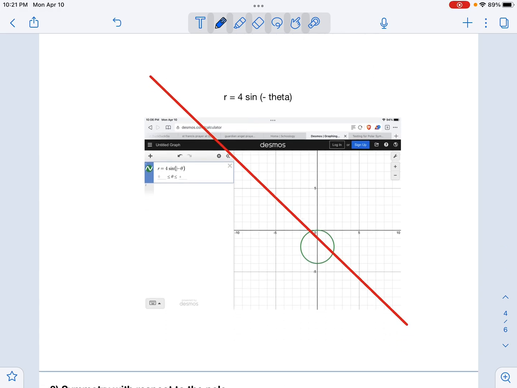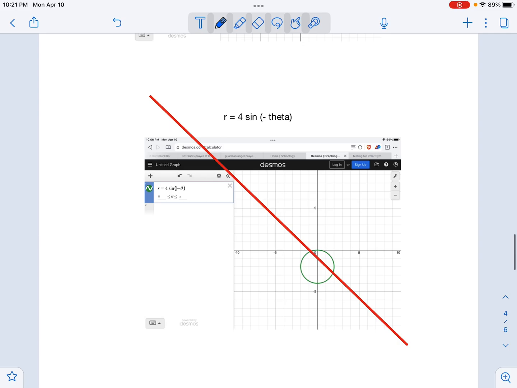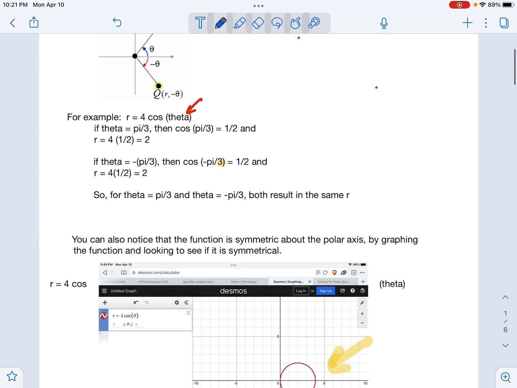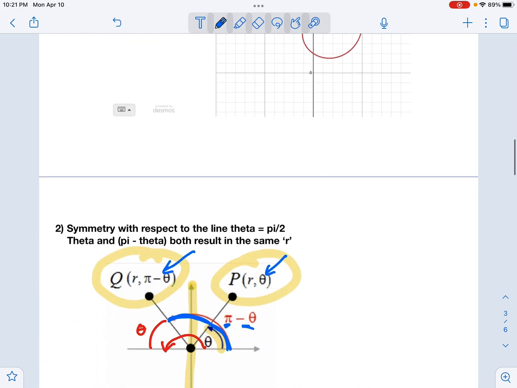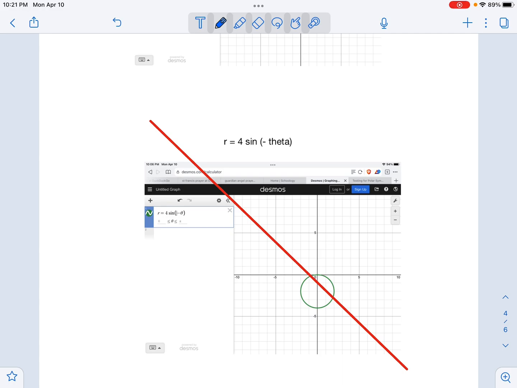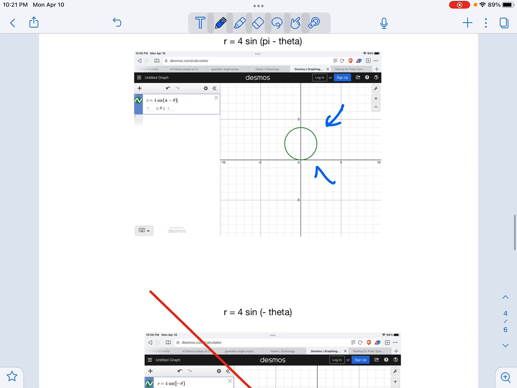Here I tried plugging in negative theta, which was our test for symmetry around the polar axis. When I tried that for this function, 4 sine of negative theta, it looks like this. Although it's symmetric, you can see that this is not the same function as this.